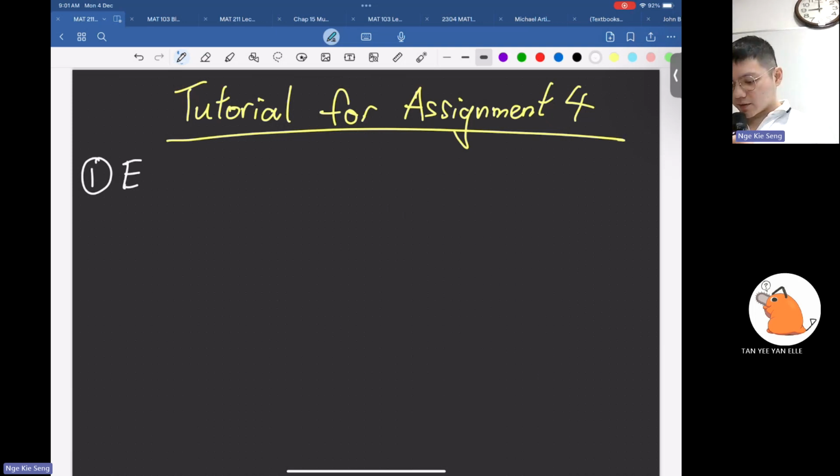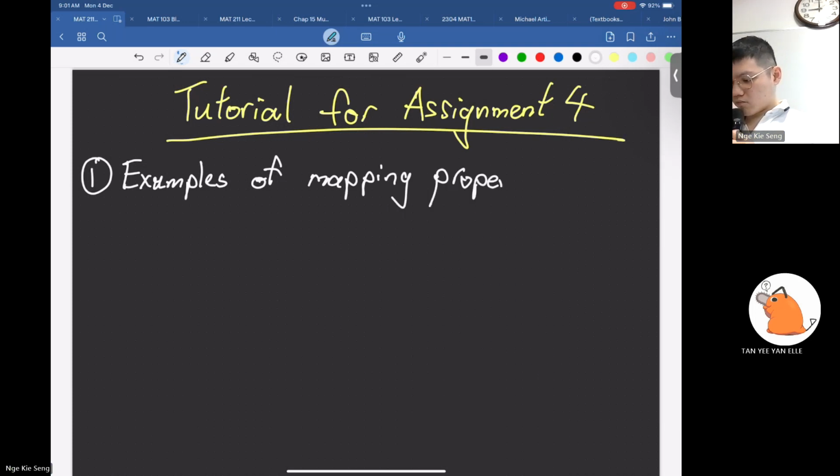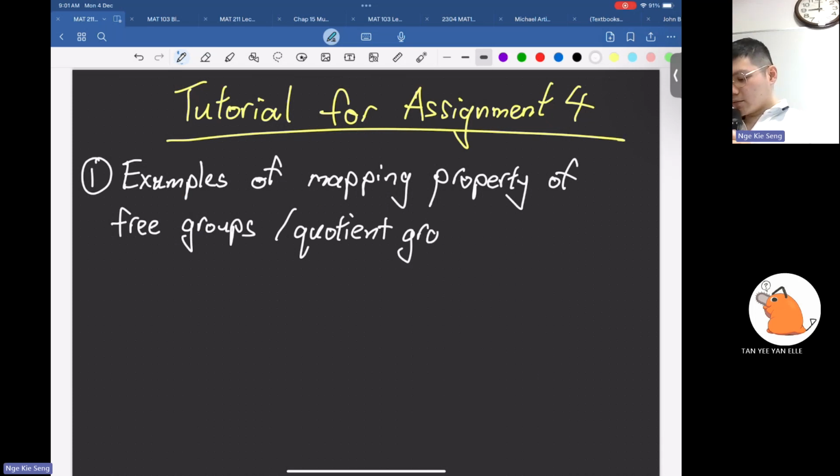So let's look at some examples of mapping property of free groups or quotient group. If you are not familiar with these terms, please take out your definition or the proposition for these two mapping properties. Please bring your definition or proposition beside you.